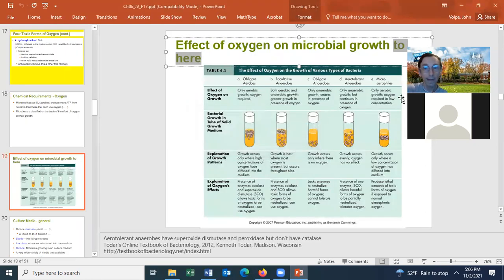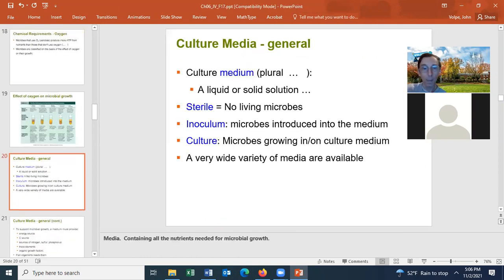All right, last time we had talked about the effect of oxygen on microbial growth. When we're talking about culture media, you should realize that the word medium with an M is singular, and the plural for more than one is media.